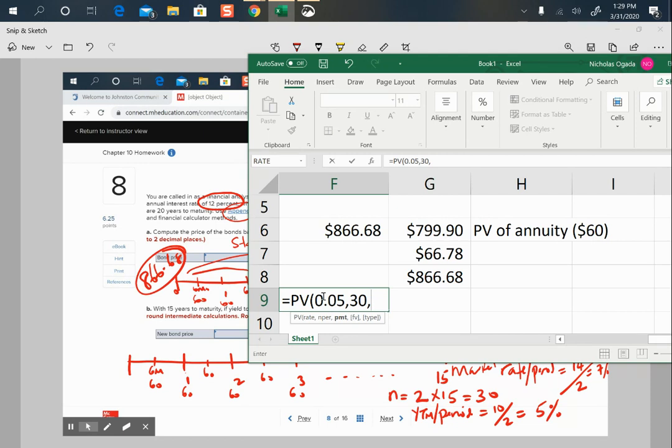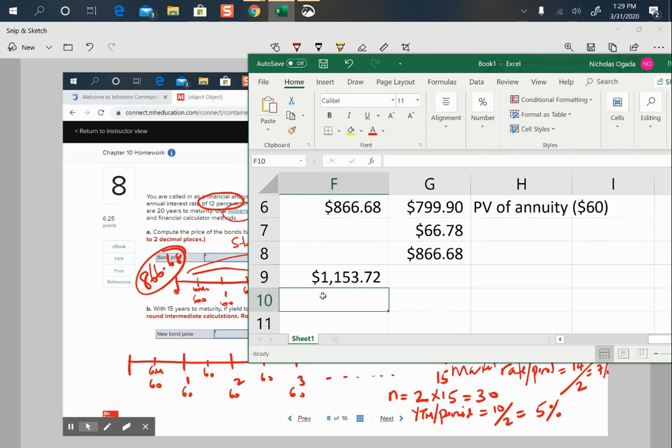In terms of payment, it'll still be $60, nothing changes. And then the future value of this bond will still be the $1,000. That's the face value of the bond, and again, this is at the end of the period. This bond will be selling for 1,153.72.